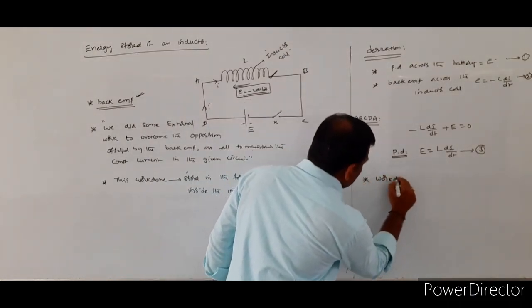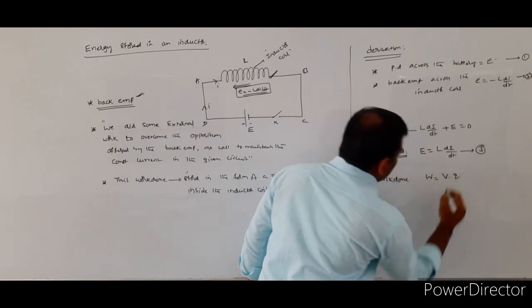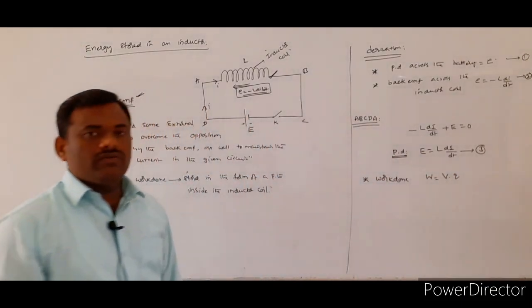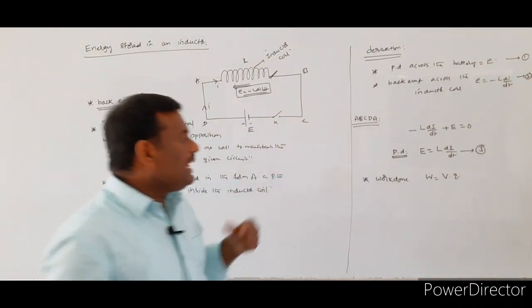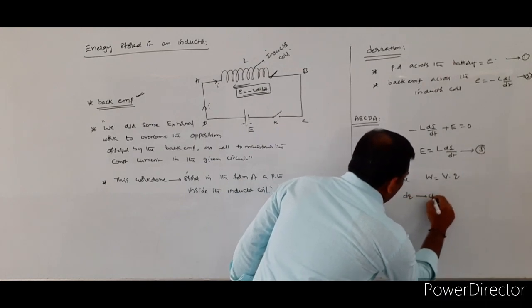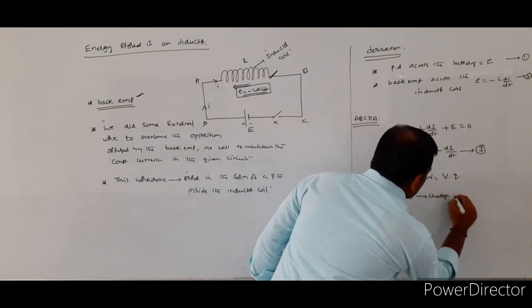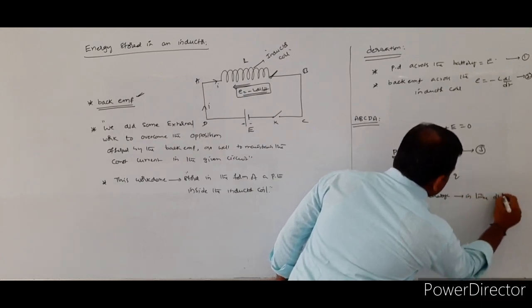Work done W is equal to what? We know the basic formula: W is equal to V into Q. So here I want to send dq amount of charge in a time of dt seconds.